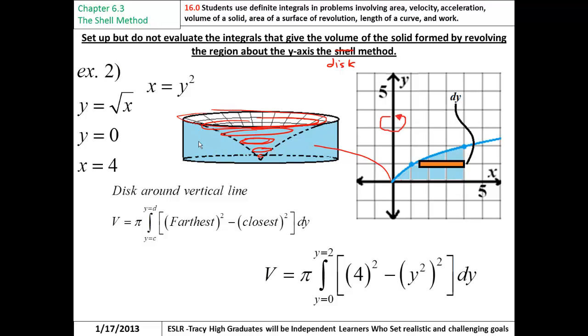So what you're really doing is you're finding the volume of this cylinder, minus the area of this vortexy thing, and that leaves you with what you want. Okay, so you're taking the cylinder and subtracting the vortexy thing. So again, this is the cylinder, and this is the other thing.